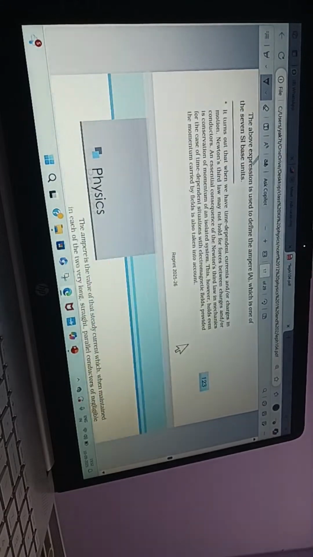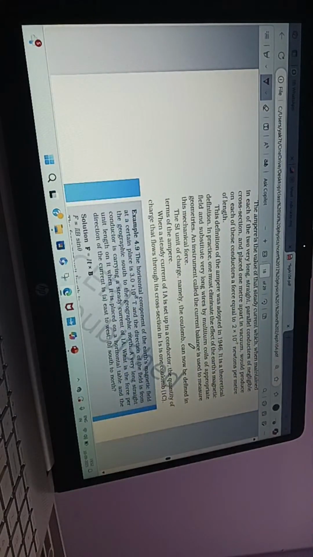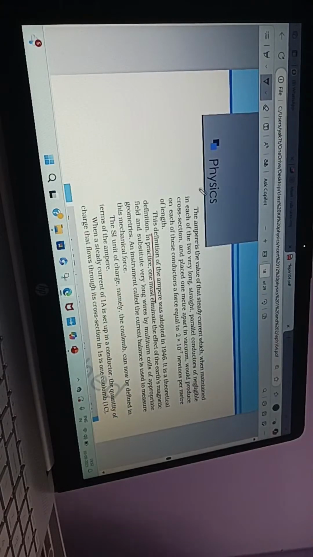Parallel current wire. The definition of 1 ampere is given. If you want, you can read here. This is the definition of ampere.